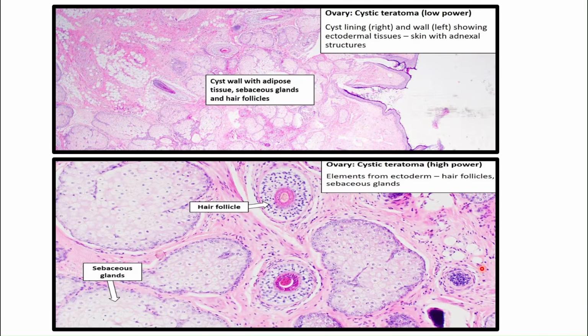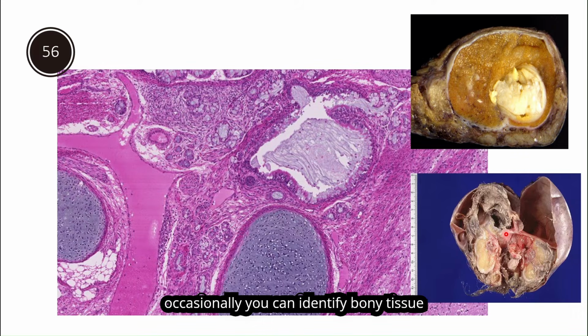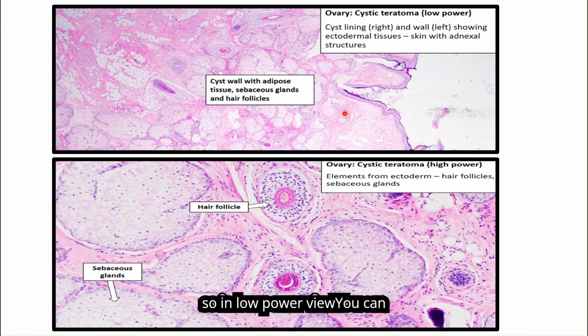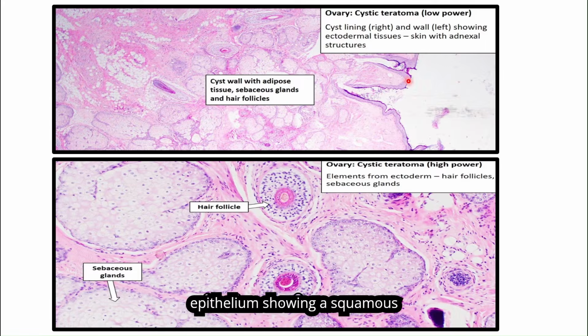hair tuft, some sebum-like material. Occasionally you can identify bony tissue and tooth. So in low power view, you can appreciate multiple hair follicles, sebaceous glands, and lining epithelium showing a squamous epithelium.